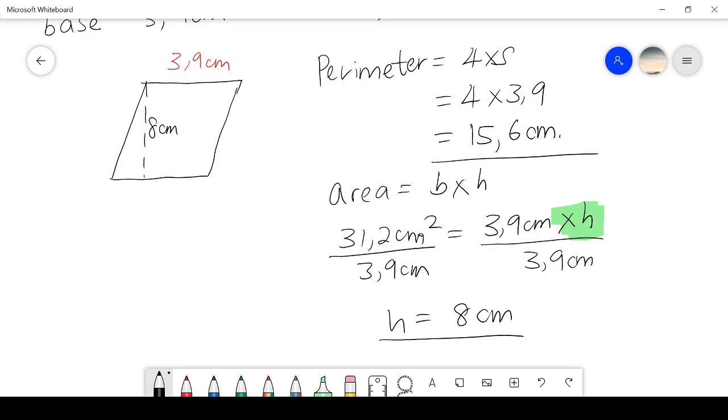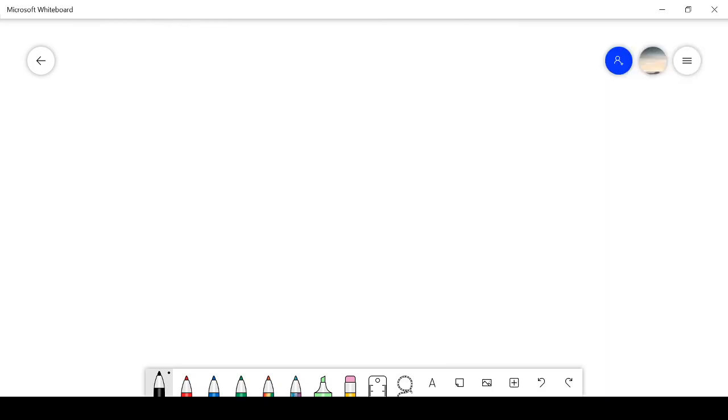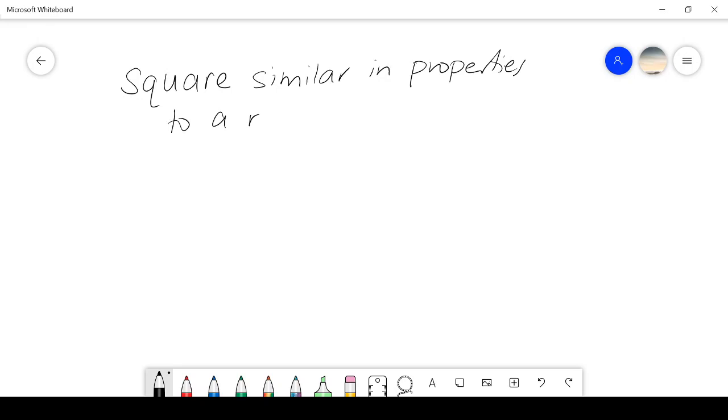Okay? Now, to do a quick recap of the lesson, remember that a square is similar in properties to a rhombus. And what is similar?